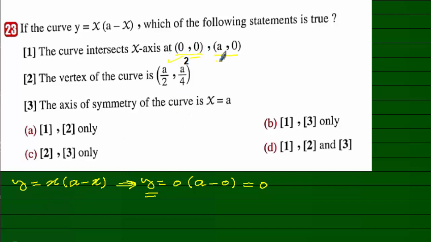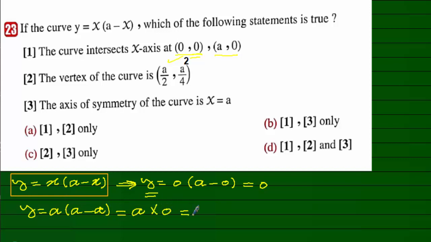Second, we substitute x equals a in the equation of the curve. So we get y equals a multiply a minus a. We get a multiply 0. So the result equals 0. So this point also is true.